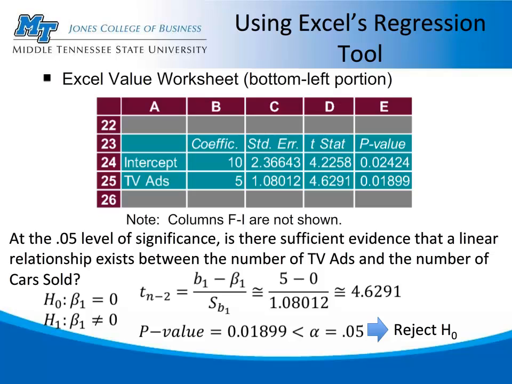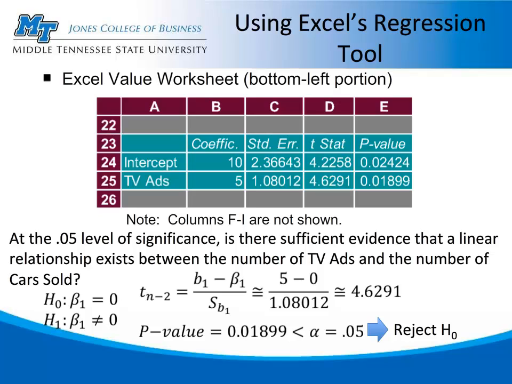Now, another way that you can use the information in the coefficients table is to test to see if there's a significant linear relationship between your independent and your dependent variable. In this problem, we're trying to predict the number of cars sold based on the number of TV ads.